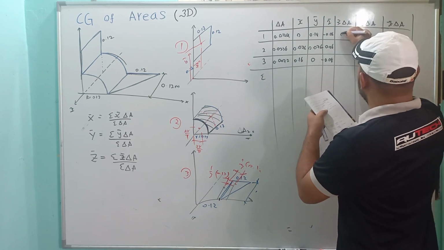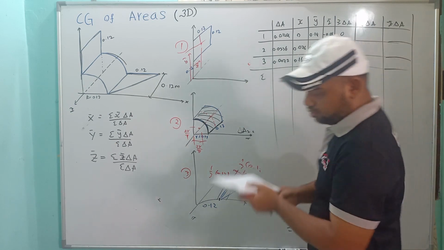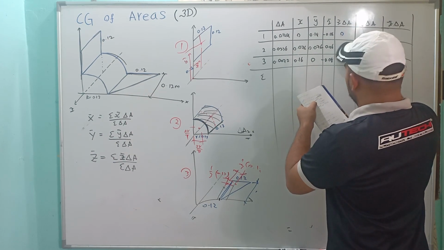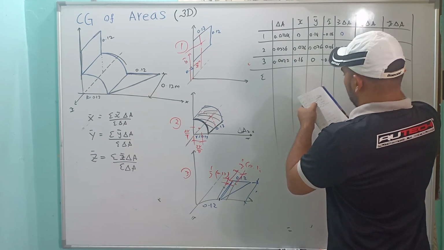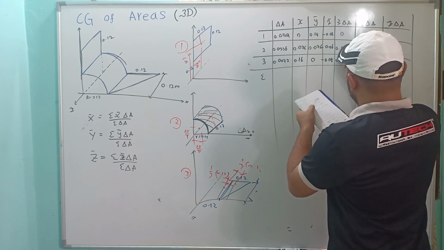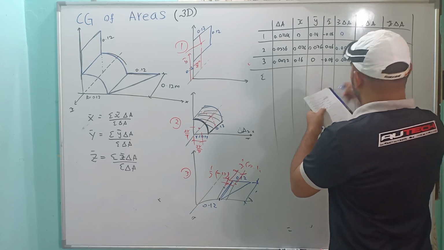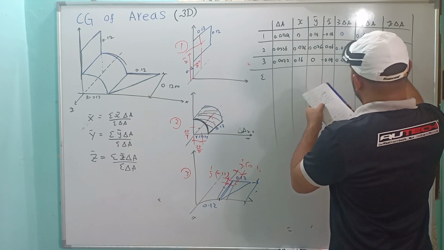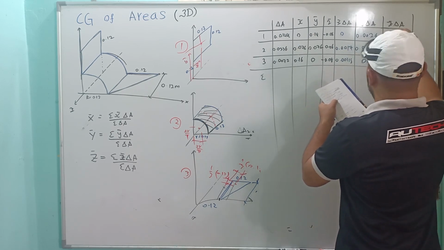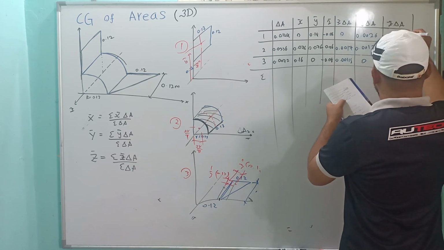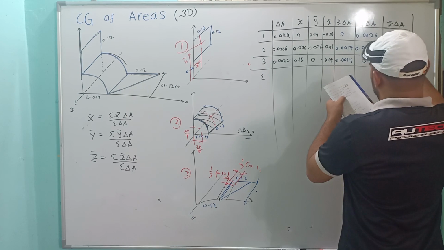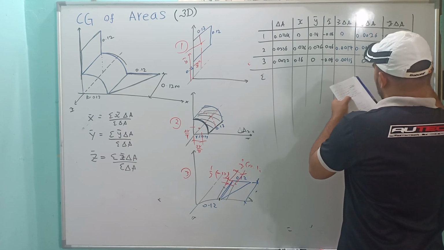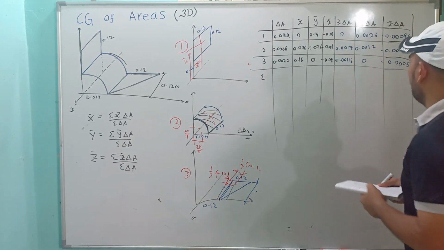You have 0.0017, 0.00115, 0.0026, 0.0017, 0, minus 0.00312, 0.00136, minus 0.00358.